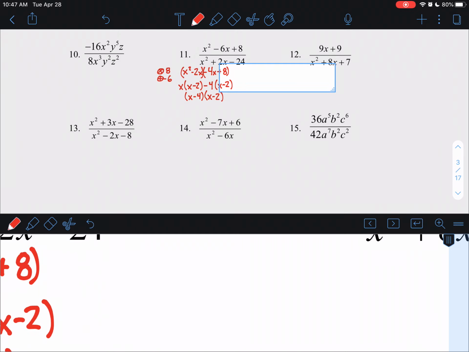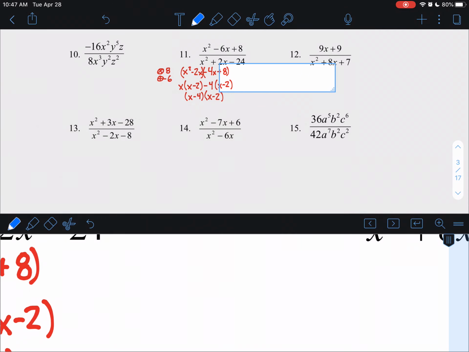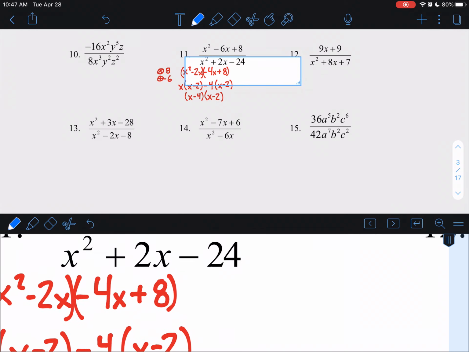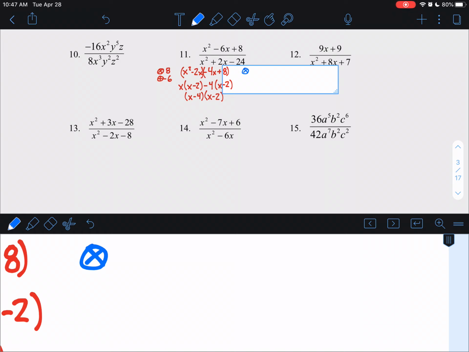All right, and then I'll come over here to do the denominator. There's not very much space on this one, unfortunately. So for the denominator, I want to find the two factors that multiply to this. That means I'm looking for two numbers that multiply to be negative 24 but add up to 2.